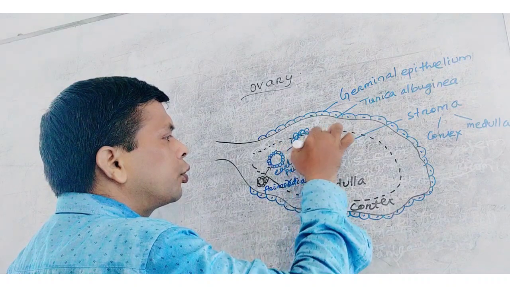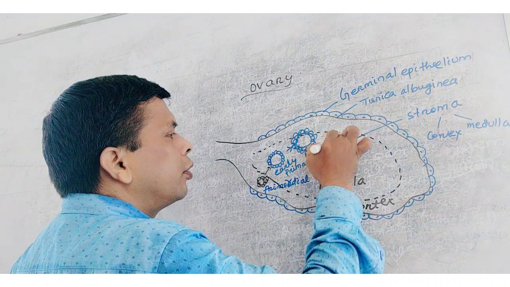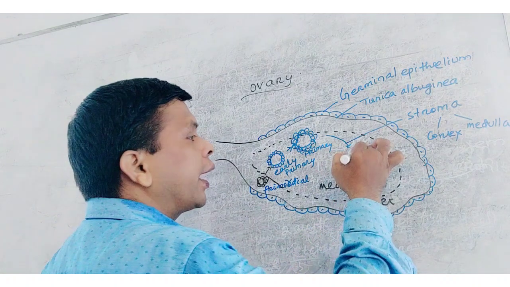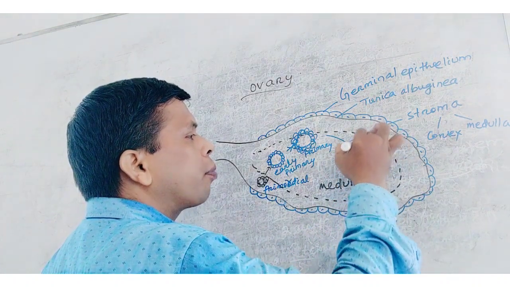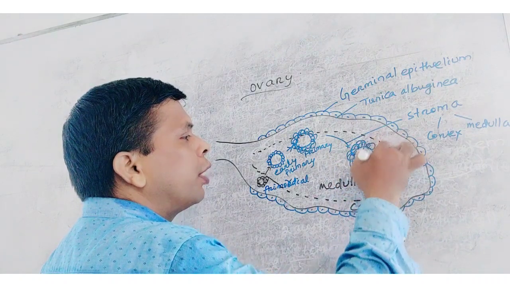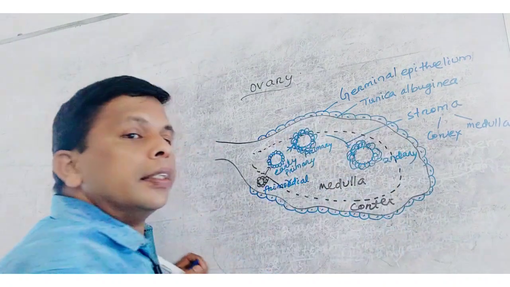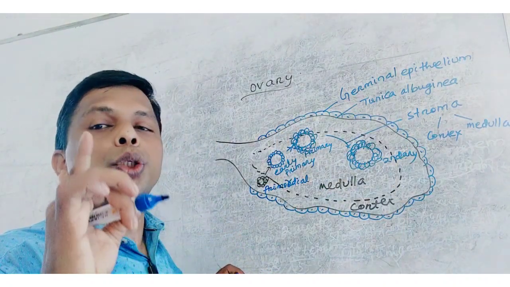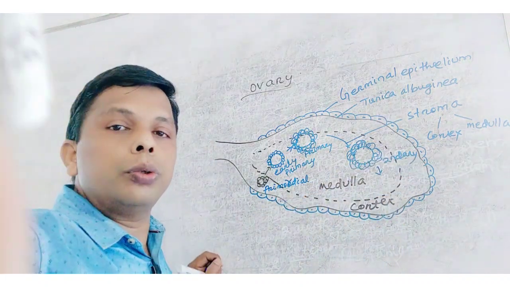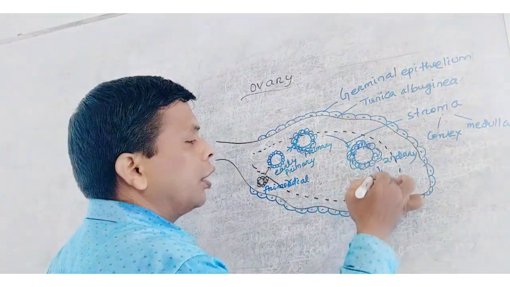The primary follicle gives rise to the secondary follicle. We will discuss it in detail. Remember first what the secondary follicle is. The secondary follicle gives rise to the tertiary follicle.